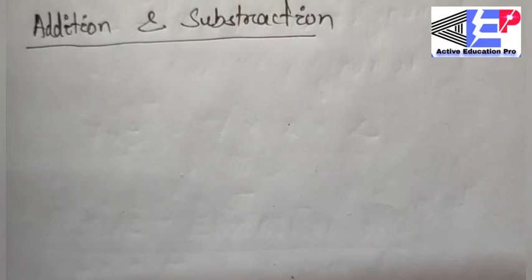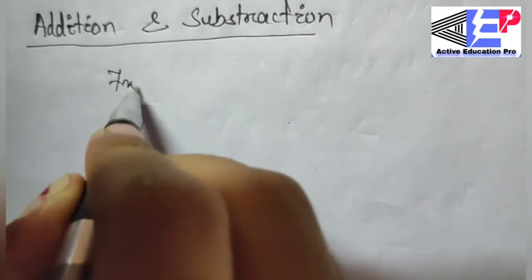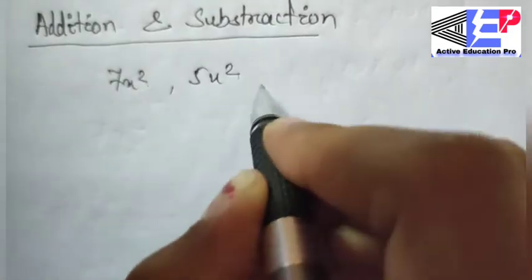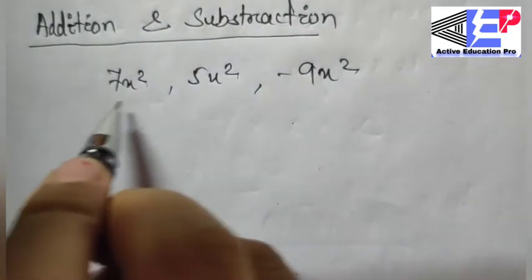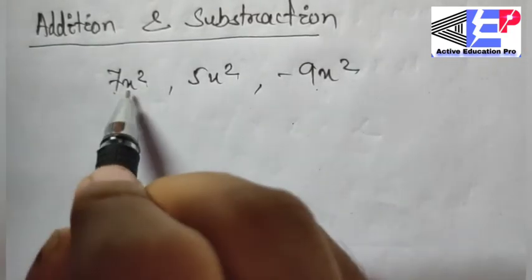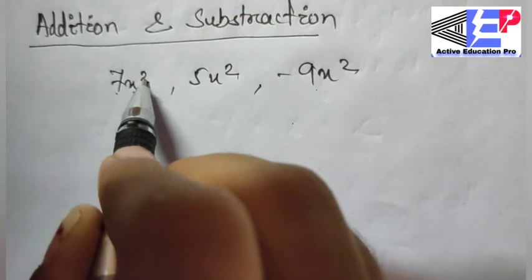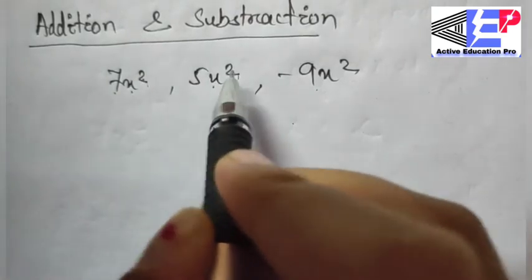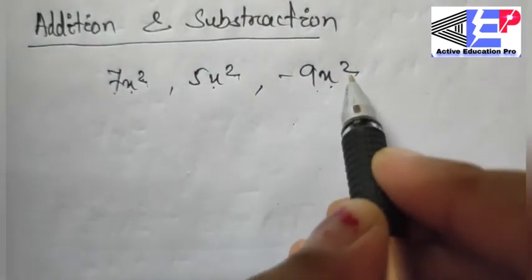First rule is grouping of like terms. Last class I told you about terms. What are like terms? Like terms means terms containing the same variables of the same power. For example, 7x square, 5x square, minus 9x square are like terms because each term contains the same variable x of power 2.